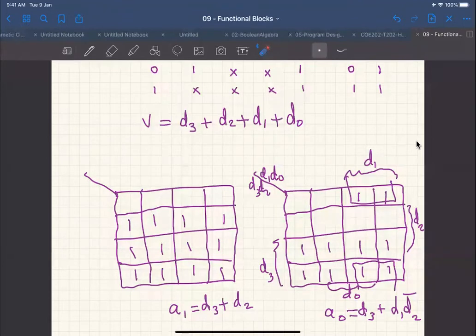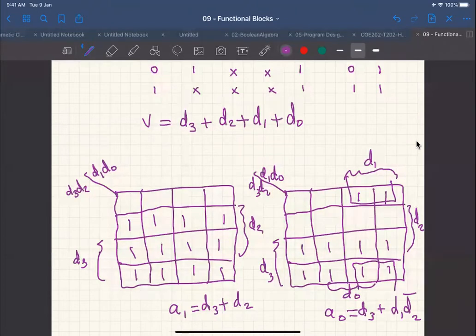Okay, and if this is D3, D2, D1, D0, this is D3, and this is D2, okay? You can see clearly that this is nothing but D3 ORed with D2, right?